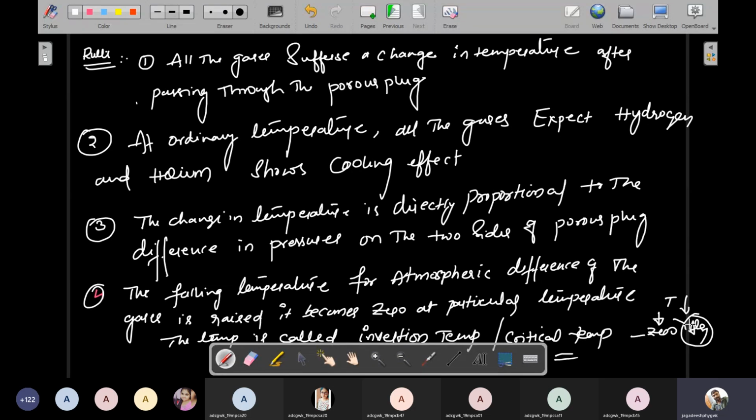Generally, if a gas suddenly rises or falls in temperature, it depends upon the pressures. Due to the atmospheric pressure difference, the temperature of the gas falls a little bit, but it never comes to zero. But at a particular atmospheric pressure difference, the temperature shows absolute temperature. That temperature is called inversion temperature. Understand?